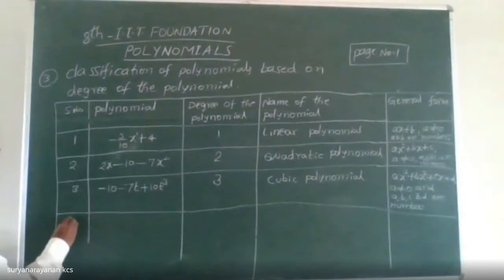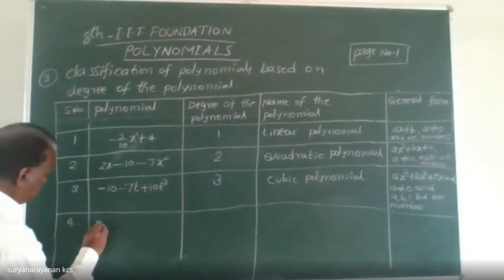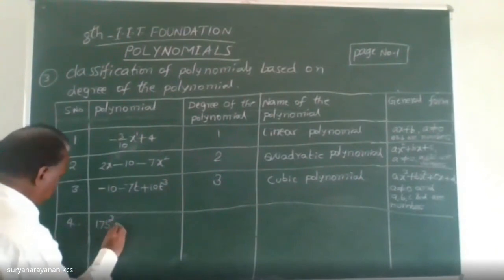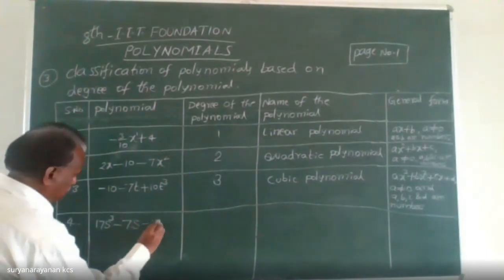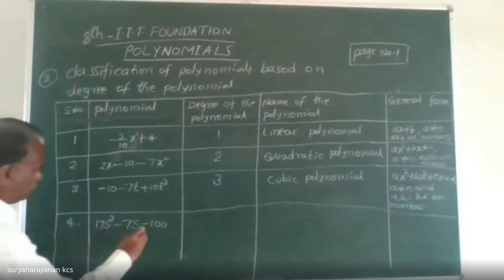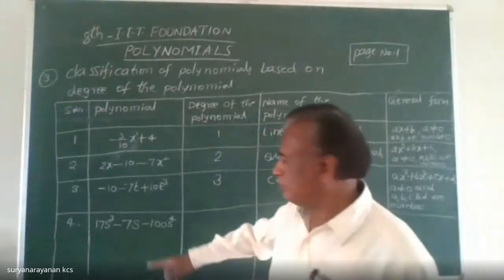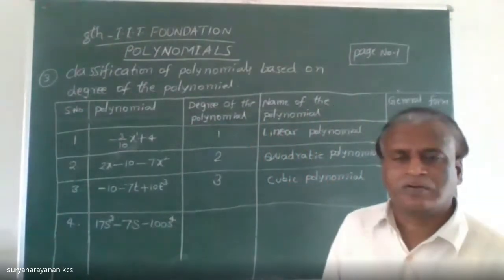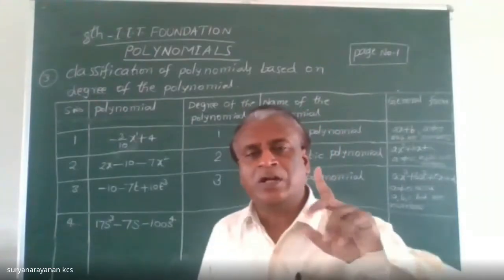And the next point. Now tell me the degree of this polynomial. 3 and 4? Only one number, not 3 and 4.